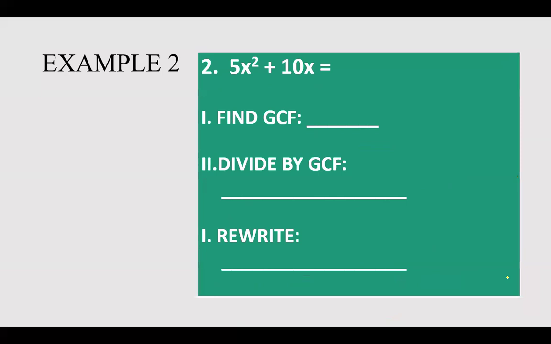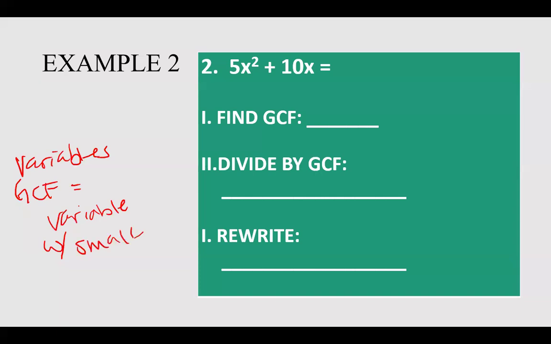Okay. All right. Now, let's talk about when it's numbers and variables that are GCF. When there are numbers and variables, you're going to compare numbers with numbers, variables with variables. The key thing to note when you are dealing with variables: GCF equals the variable with the smallest power.